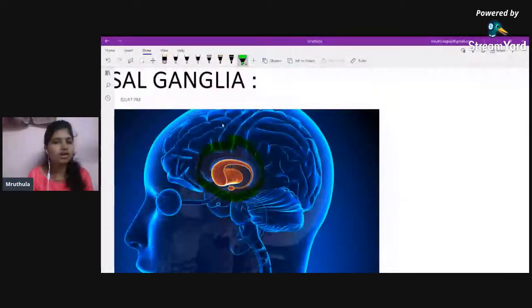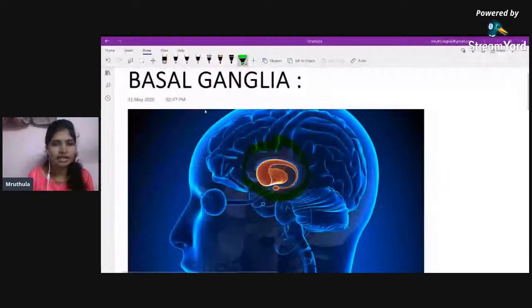We all know the cortex is made of gray matter, and the medulla is made of white matter. Now, if there is some gray matter present within the medulla, we call it ganglia. So nuclei may be present in clusters in the white matter, and that's what we call ganglia. Basal ganglia is one such very important ganglia.